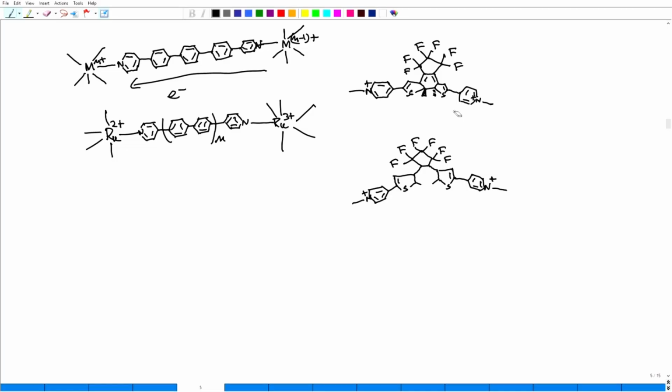So, in this particular molecular switch, electron is conducting in this case, electron not conducting here, because it is open.